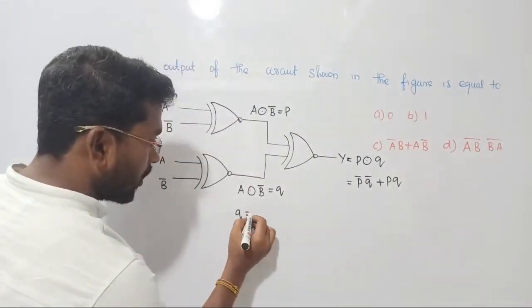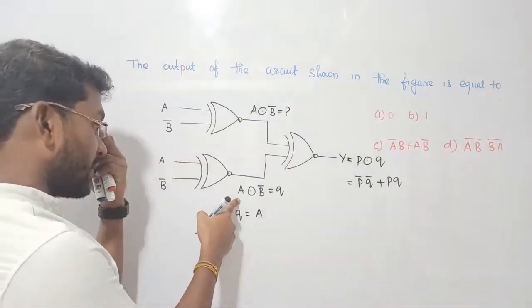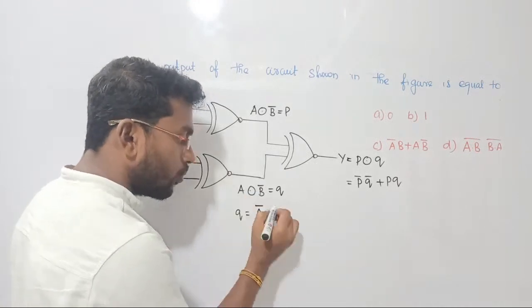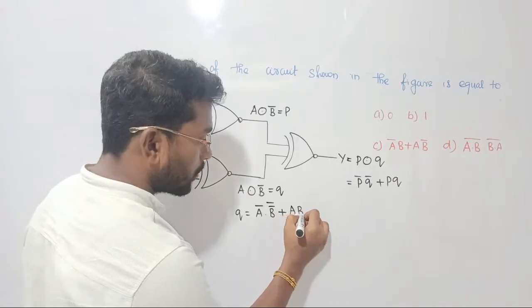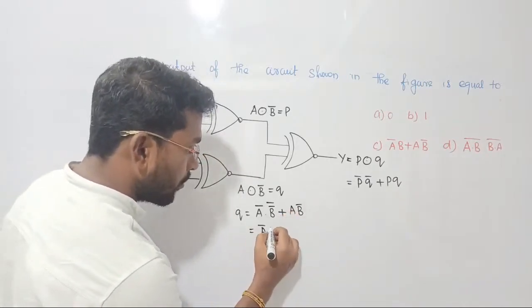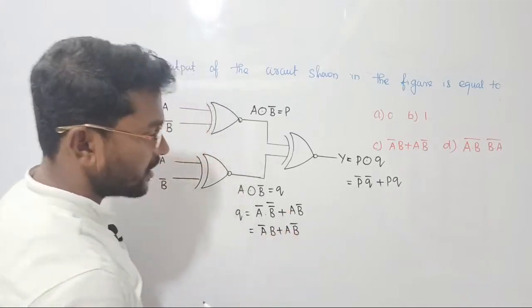Similarly, Q can be written as A XNOR B bar, how will you write this? That is A bar dot B, already we have bar, we have to take whole bar, plus A B bar, right? So it can be written as A bar B plus A B bar. Correct? Exactly, that is correct.